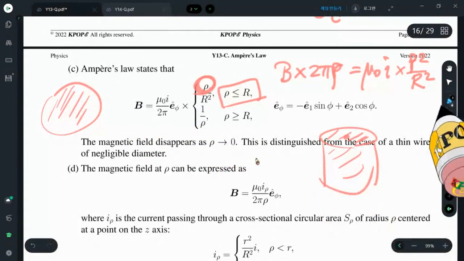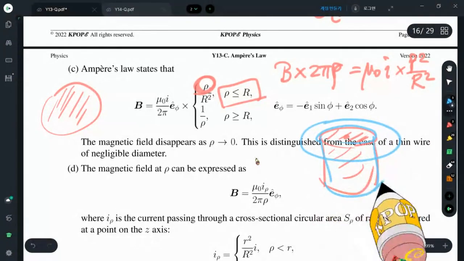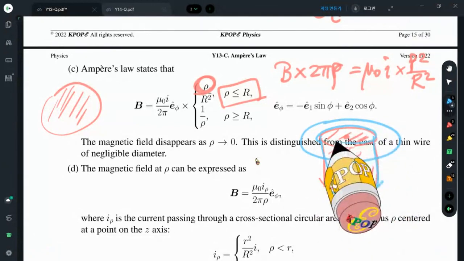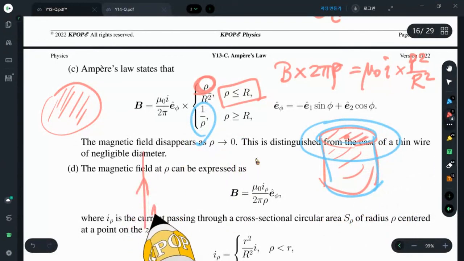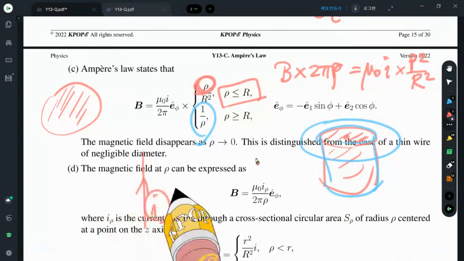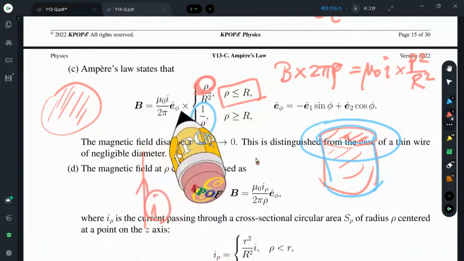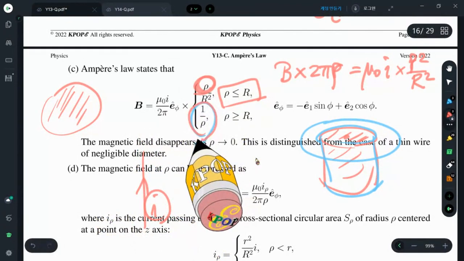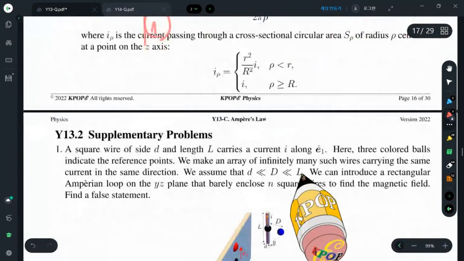But when we increase the radius so that it can enclose the whole amount of cylindrical current distribution, it is the same as what we have expected. Current I is flowing along a straight wire. A thin straight wire has a magnetic field mu 0 I over 2 pi E phi. And its dependence is 1 over rho, the same.